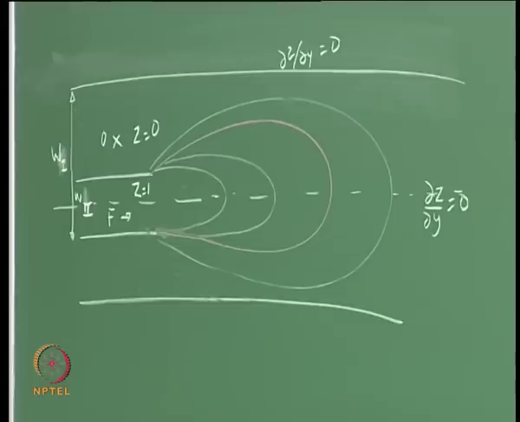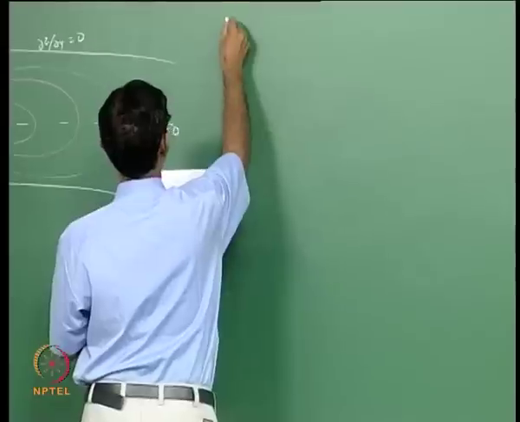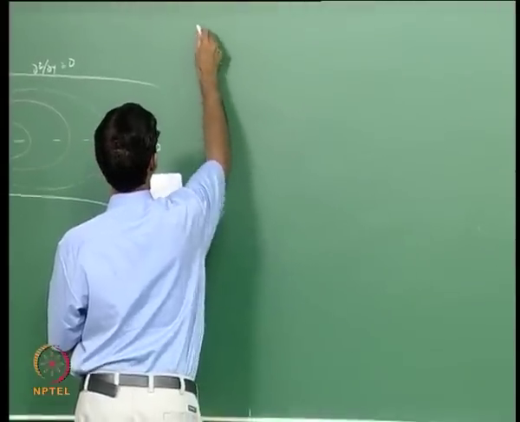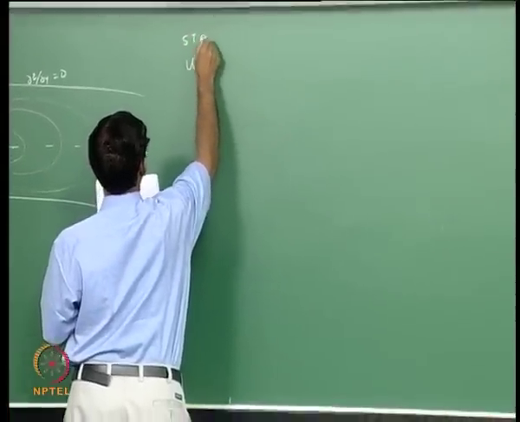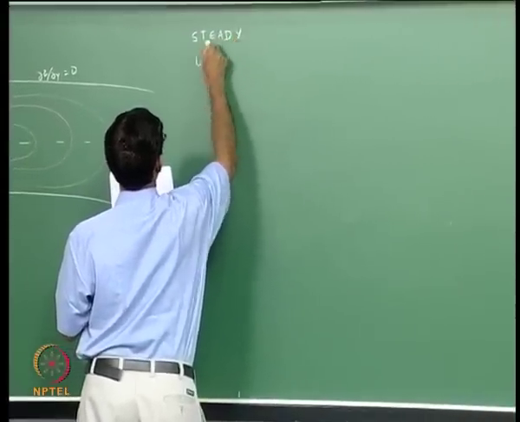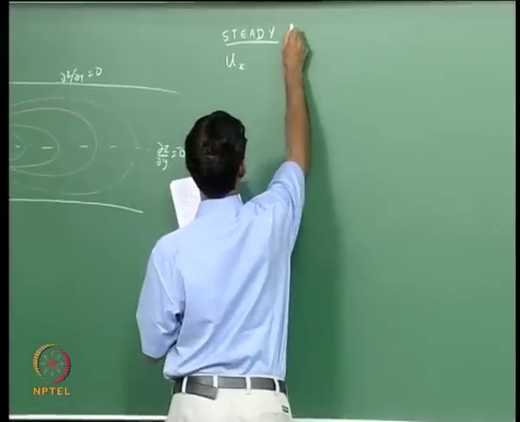Let us start first with the steady part. The governing equation was, so we are solving for the steady solution.